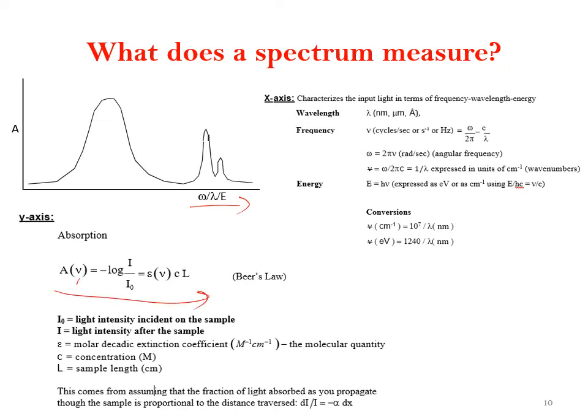Absorption at a specific wavelength or frequency is equivalent to minus log of I, the transmitted intensity, divided by the incident intensity of light, which is equivalent to epsilon, the molar extinction coefficient, times the concentration of the molecule, times the sample length.